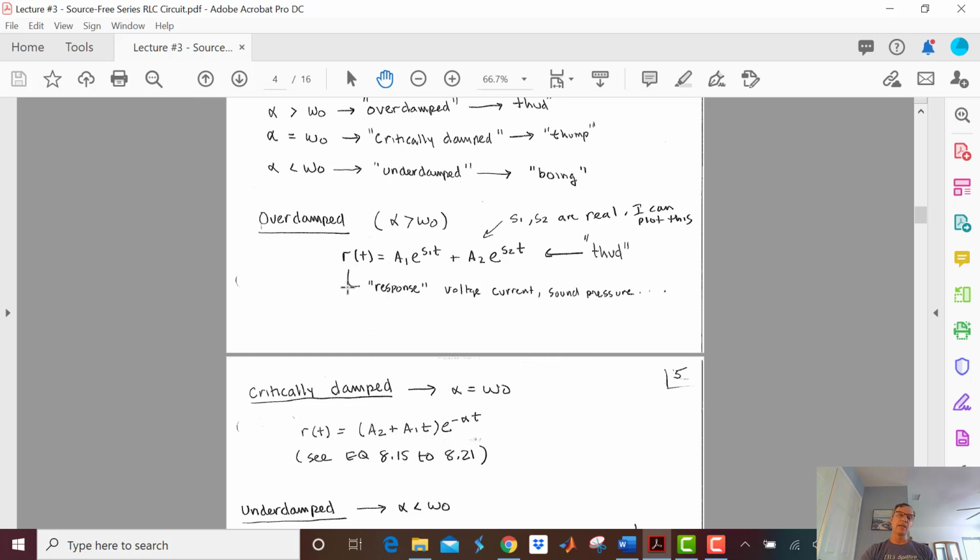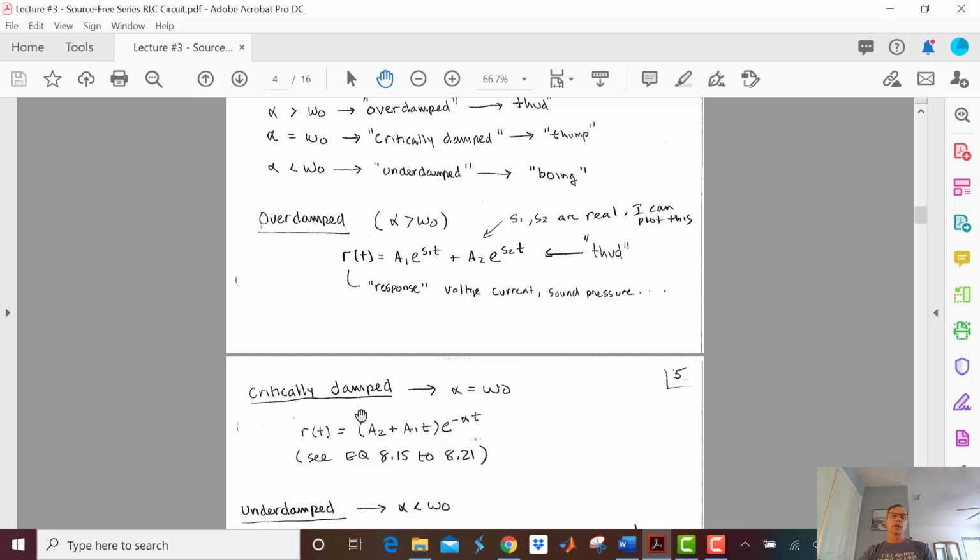So I just call it R for response. Response of t is equal to A1 e to the s1 t plus A2 e to the s2 t. This is what my solution looks like: a couple of exponentials for overdamped.